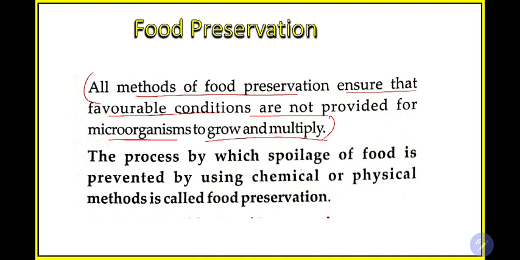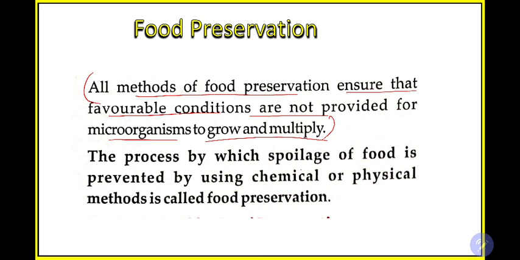For example, again I am repeating, if you are storing fish or meat or vegetables in the fridge, that means you are giving the food the cold environment so that the microbes cannot attack it, because in a cold environment microbes cannot live, isn't it? So we are giving favorable conditions so that the food can live but the microorganisms cannot grow or multiply.